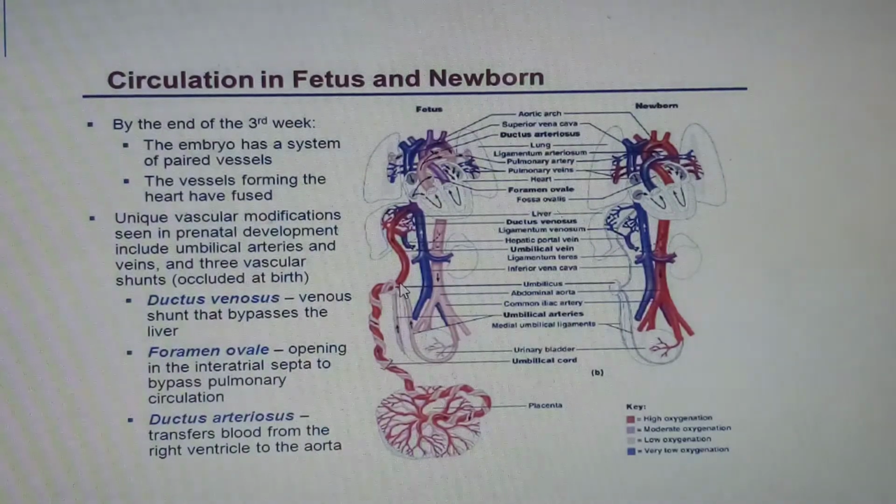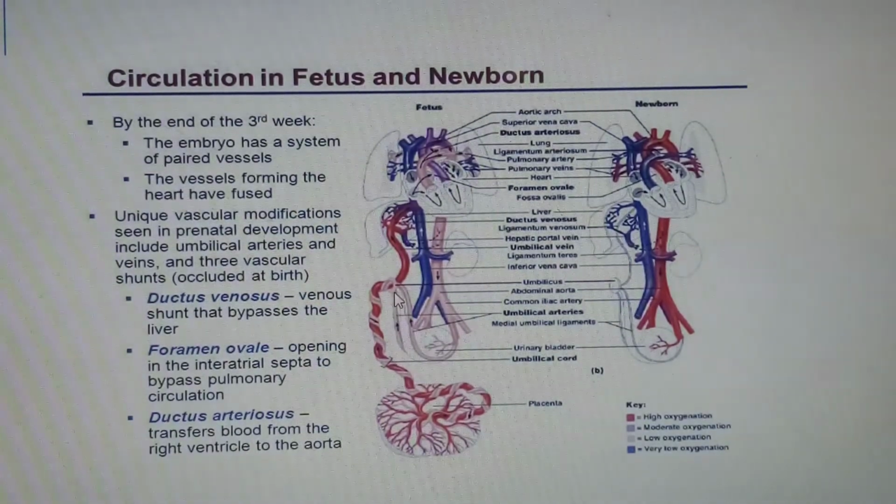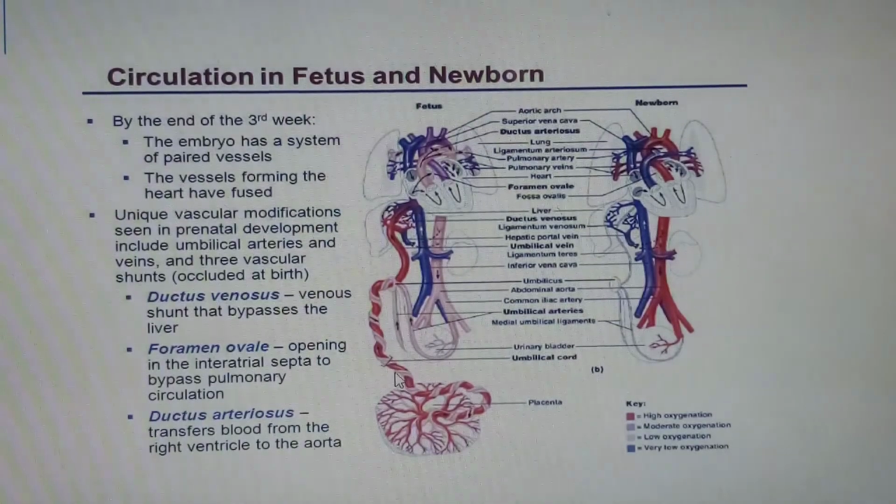So from the chorionic villus of the placenta, that's oxygen-rich blood which was taken from the maternal uterine vessels, and it reaches the fetus via the umbilical vein.